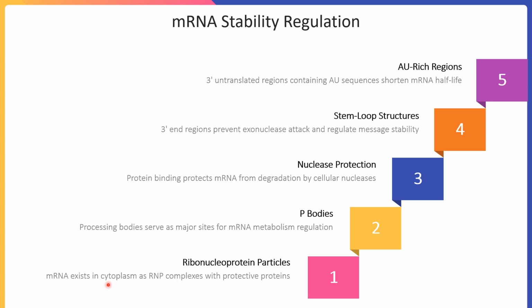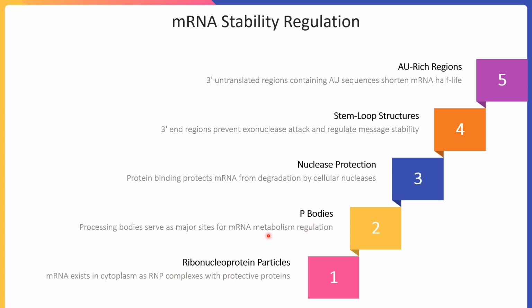The first thing is ribonucleoprotein particles. When the mRNA goes to the cytoplasm, it will exist as a ribonucleoprotein particle. That is, it will bind with protein to form this particle. This ribonucleoprotein particle, RNP, is a protective protein. So it increases the stability of the mRNA.